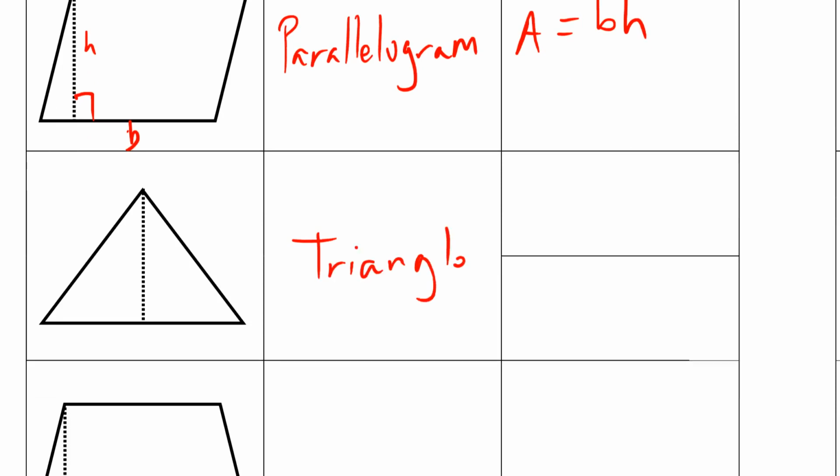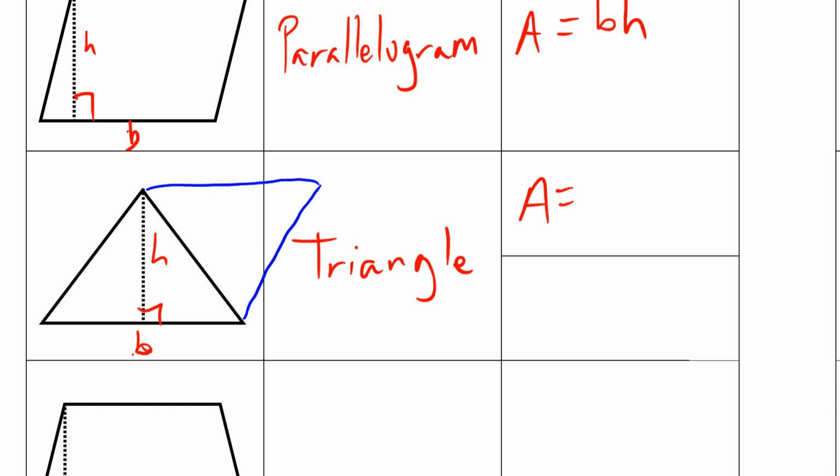Next shape is going to be my triangle. Triangle also has a base, also has a height. Now my height is not the slanty things, but my height is that perpendicular line straight up from my base. Area of a triangle, because we said that any triangle is half of a parallelogram, meaning I could take this triangle, duplicate it and flip it upside down or rotate it around, and this triangle now forms a parallelogram.